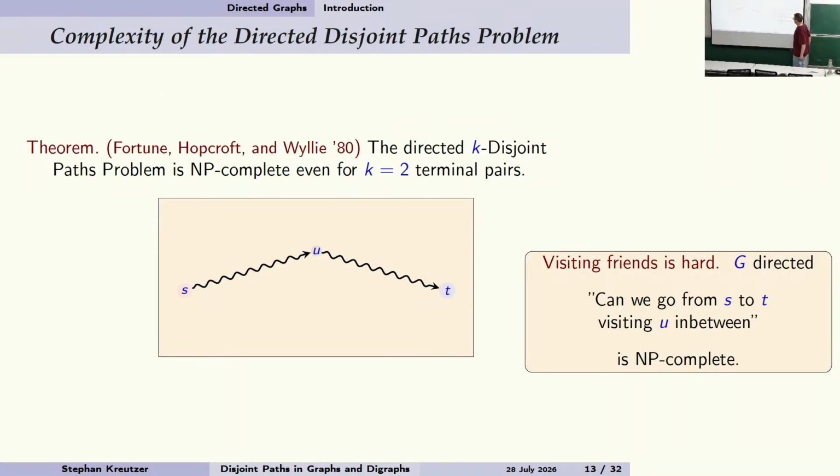Deciding whether you can do this is also NP-complete. And this is a very simple reduction from the k-disjoint paths problem. You don't allow visiting the same vertex twice? No, this has to be one path. If you allow this bit to intersect this bit, then it's not so hard. It's reachability. But if you want these to be disjoint, so the whole thing forms one path, then it's NP-complete.